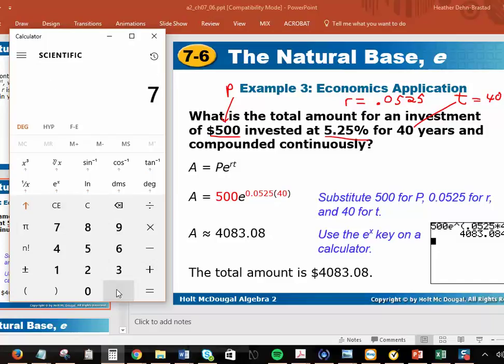So now I took 7.4 times 500, and that's a ton less money. By rounding each time, I got an answer that was considerably different from the actual answer you get when you put as much into your calculator at a time as you can.